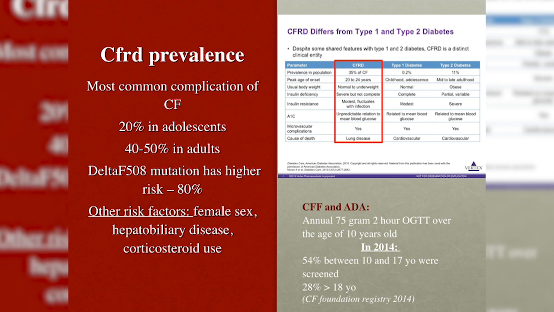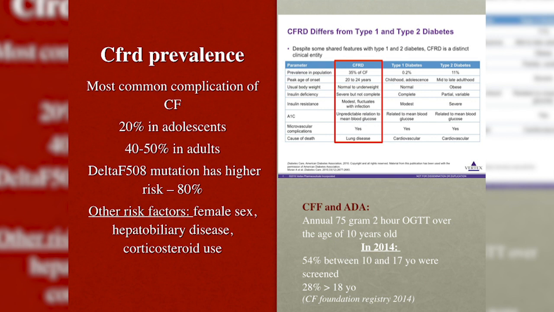There are some differences and some similarities between different types of diabetes. Throughout my talk, I will be referring to CFRD as cystic fibrosis related diabetes, also to type 1 diabetes, and showing some differences and similarities between those conditions, and also type 2 diabetes. Diabetes is the most prevalent complication in the cystic fibrosis patient population, affecting on average about 35% of individuals with CF.